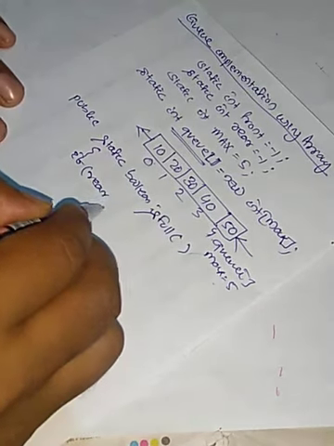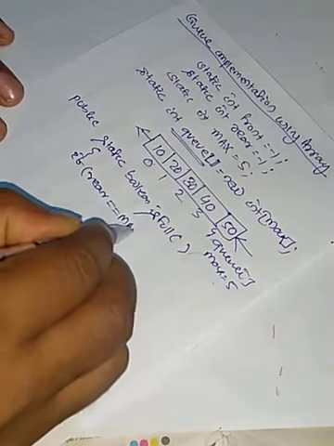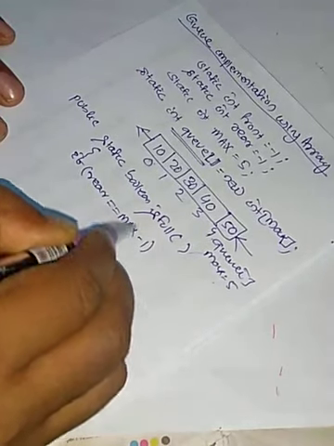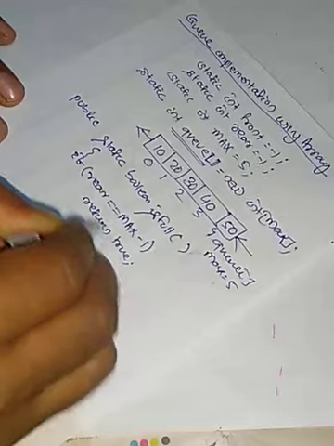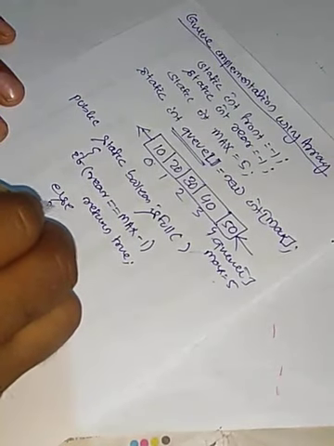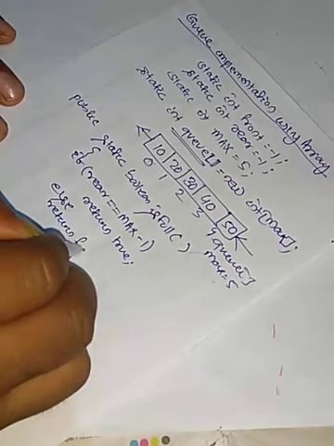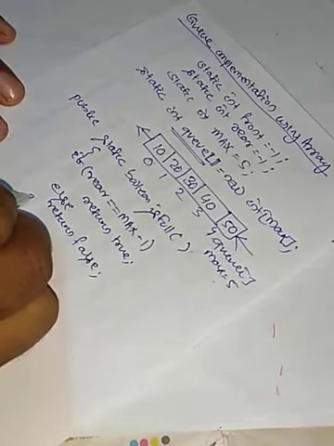So if rear equals max - 1, then return true, else return false. This is how we check whether the queue is full or not.